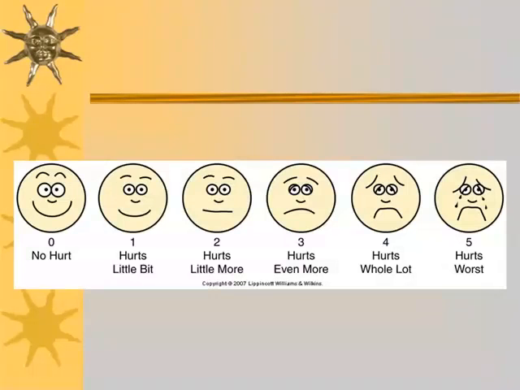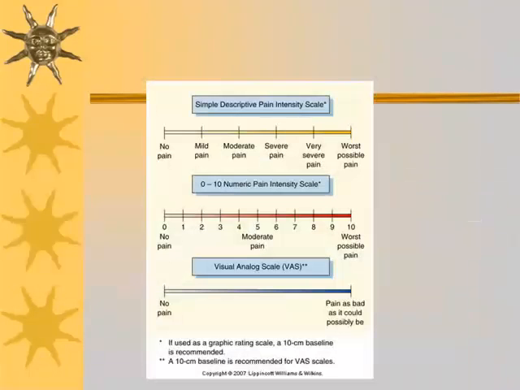So again, that's probably one of the most popular ones, probably one that you'll see frequently being used at your clinical settings. There are other types. These are just some examples from your textbook as well. You can look at them in your textbook again in more detail as well.